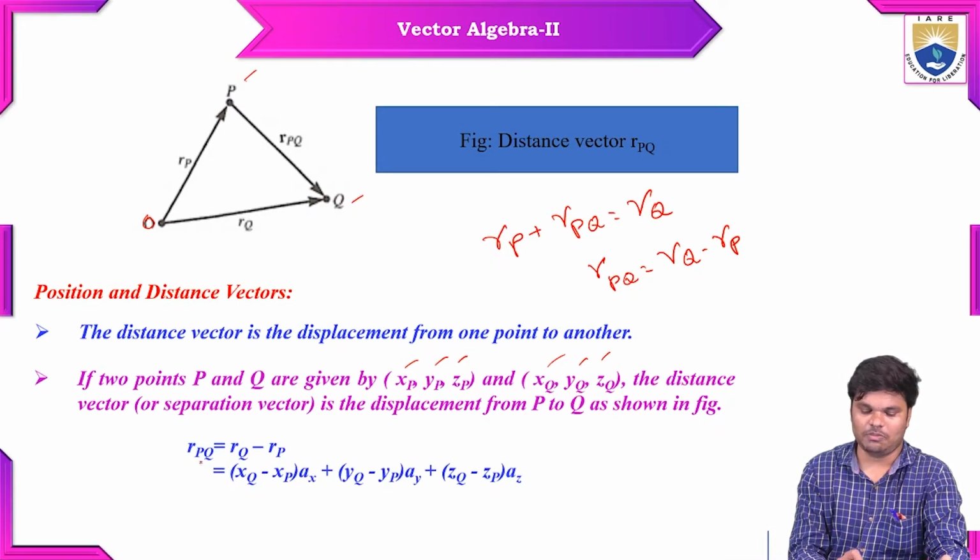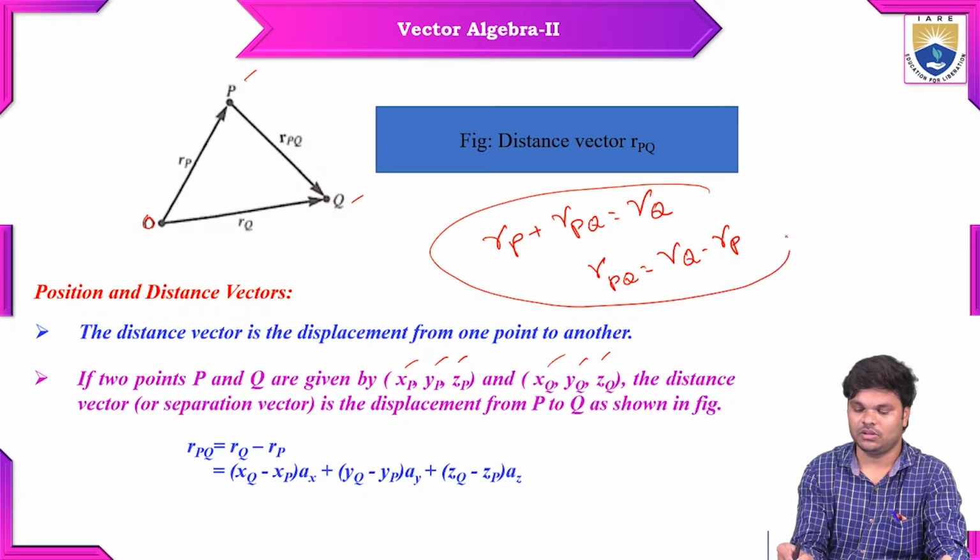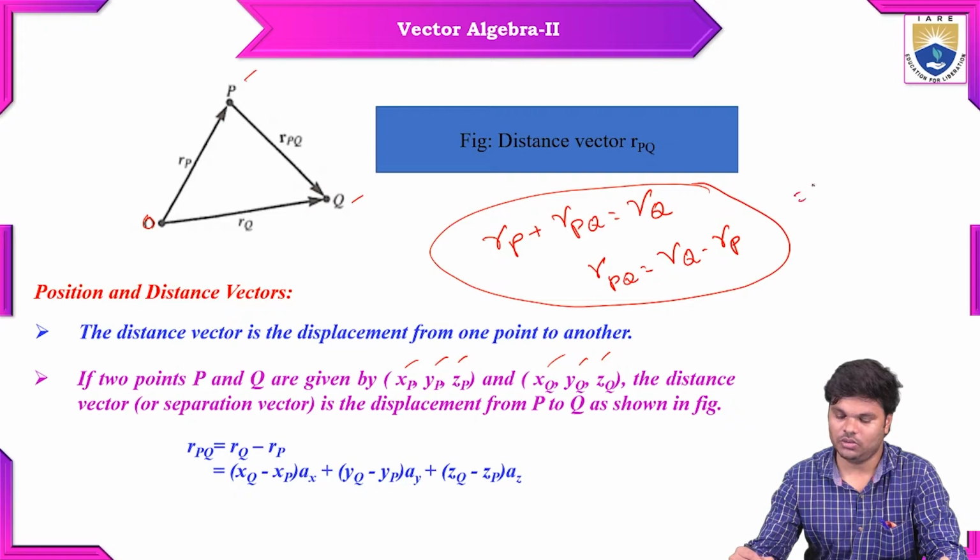You can see here RPQ is nothing but RQ minus RP, which is derived here. RQ is xq, yq, zq, minus RP, which is xp, yp, zp.